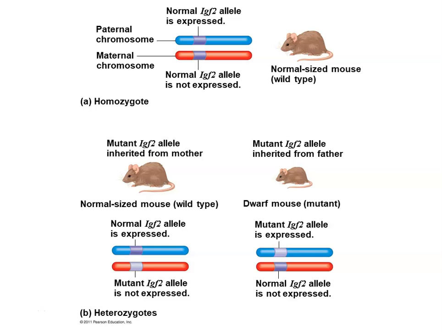If the normal allele is imprinted on and only the mutant allele is expressed, the mouse would be significantly smaller. And again, it does not matter which parent has it. It's not that one parent's alleles are going to be imprinted on more than another, but only one of the two will be imprinted. You only want one of the two gene products being generated.